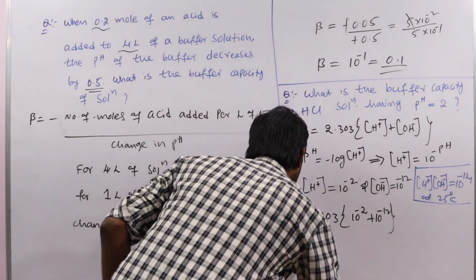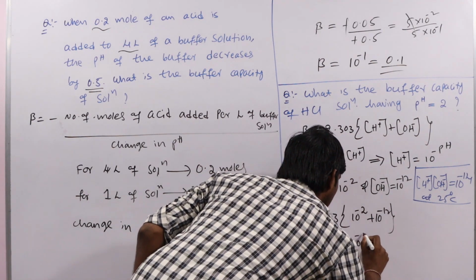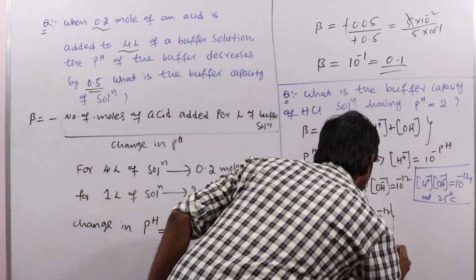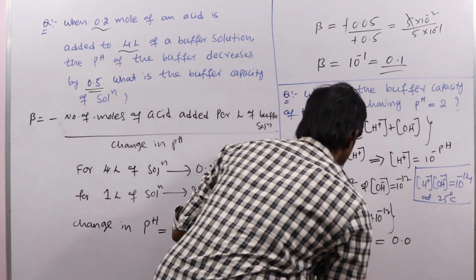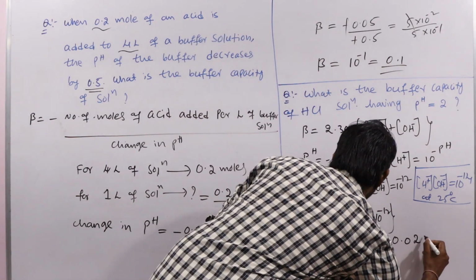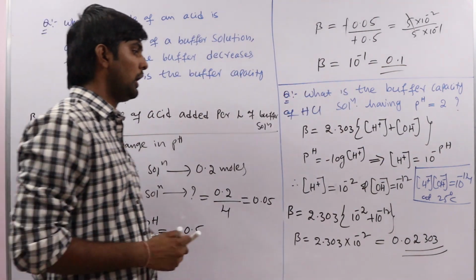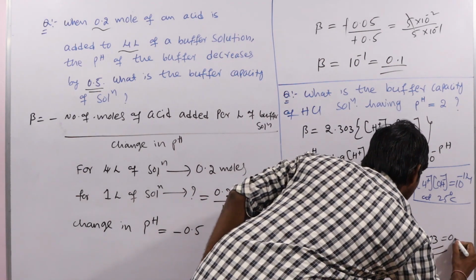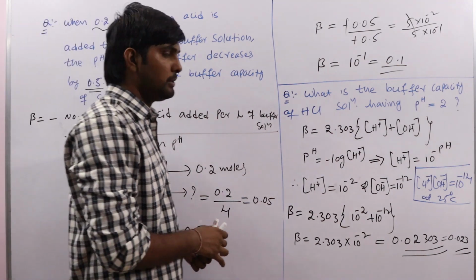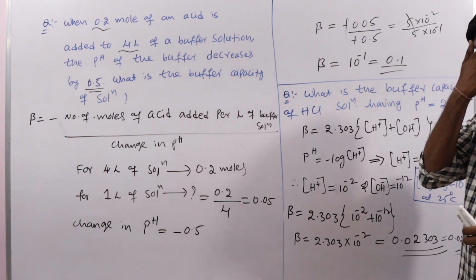So you can take beta as 2.303 into 10 power minus 2, which is 0.02303, or simply 0.023. Clear? So this is about some different models related to buffer capacity and buffer range.